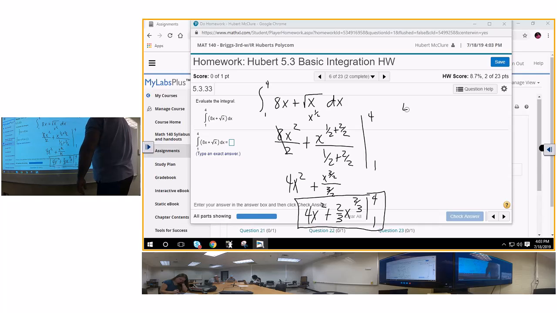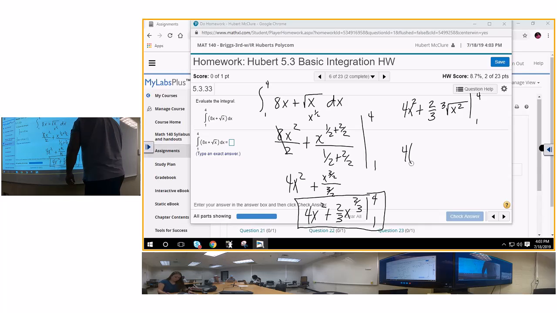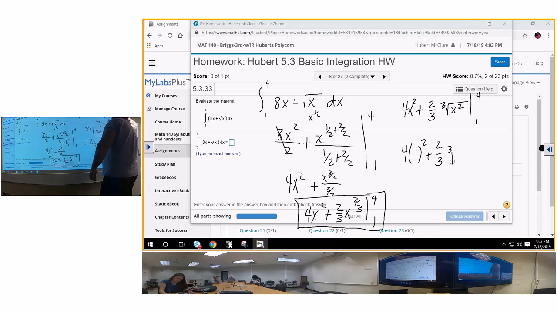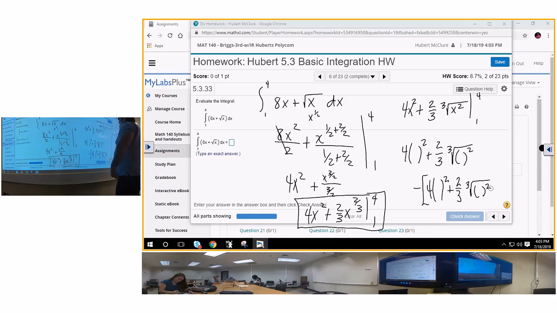So 4x squared plus 2/3 the cube root of x squared, evaluated at 1 and 4, and that's going to be 4 parentheses squared plus 2/3 cube root of parentheses squared, minus bracket 4 parentheses squared plus 2/3 times the cube root of parentheses squared.